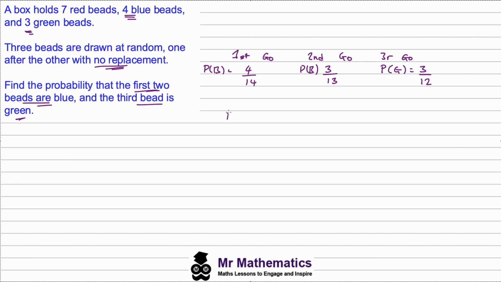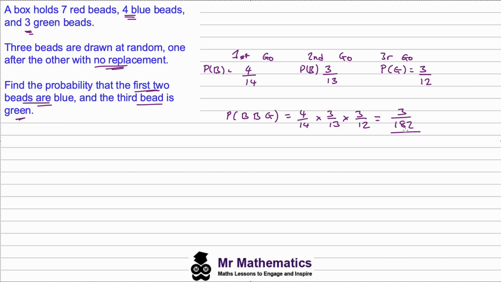So the probability of a blue followed by a blue followed by a green will be 4/14 multiplied by 3/13 multiplied by 3/12. We can work this out and we get 3 over 182.